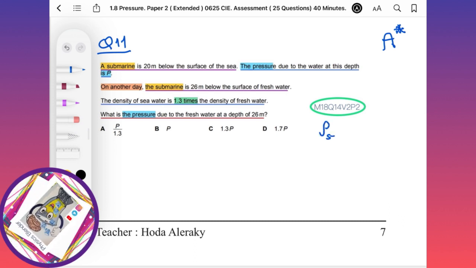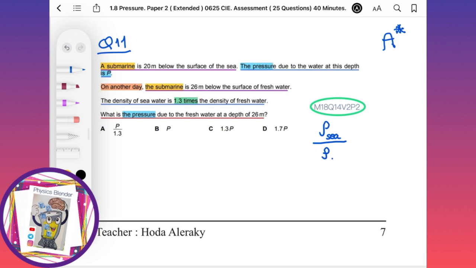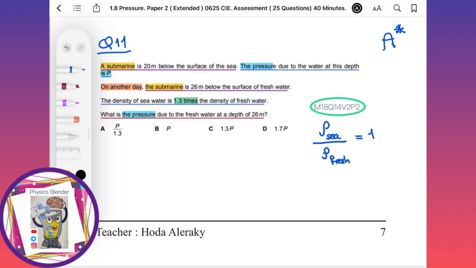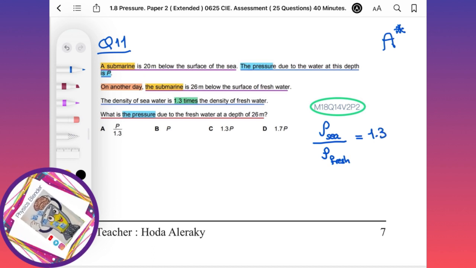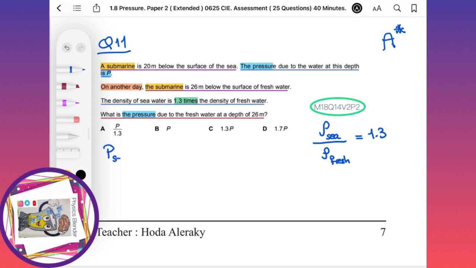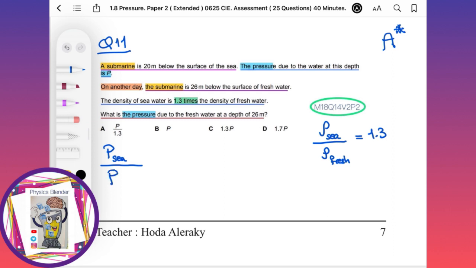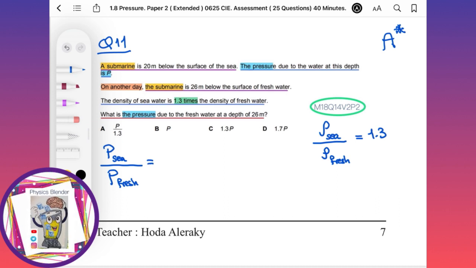Density of sea water divided by density of fresh water is equal to 1.3. Okay? When you substitute, pressure due to seawater divided by pressure due to fresh water, apply the equation.